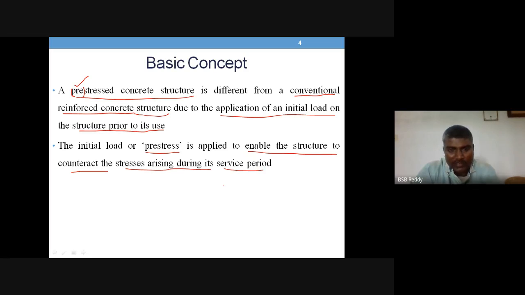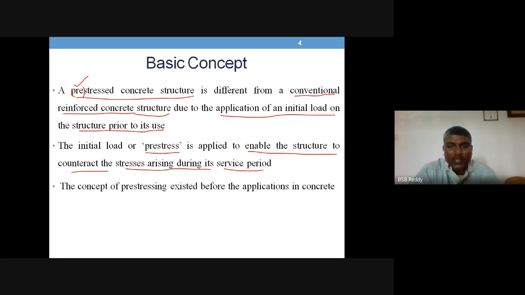If you develop a compressive stress before the tensile stress comes, then both are opposite in nature, so you can nullify the net stress, or reduce it to a lower level. That is what enabling the structure to counteract means.